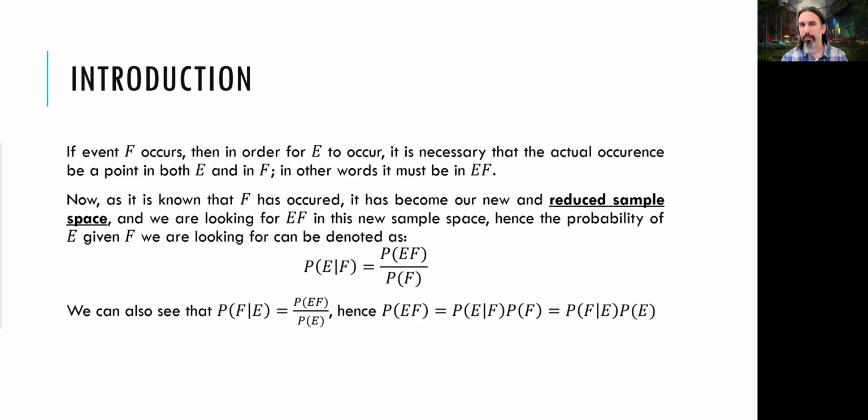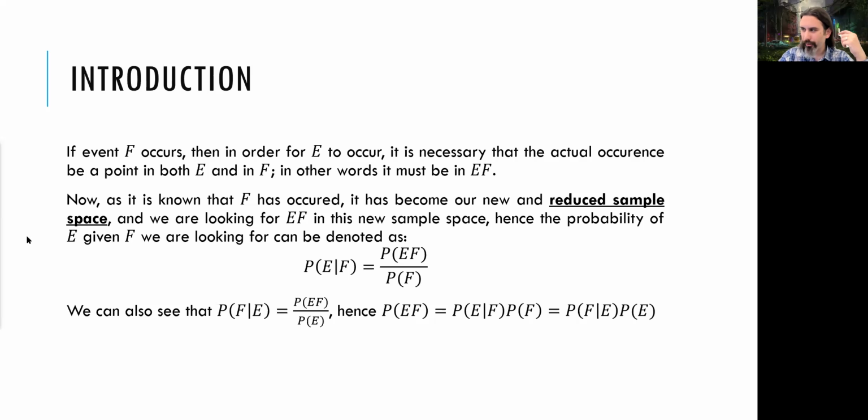Now, we are looking for an element that is both in E and F, in their intersection. And we know that our sample space is now F. So think about how probability was calculated last week. We look at the number of favorable outcomes among all the outcomes in the sample space, so we just divide them. Here it's the same thing.